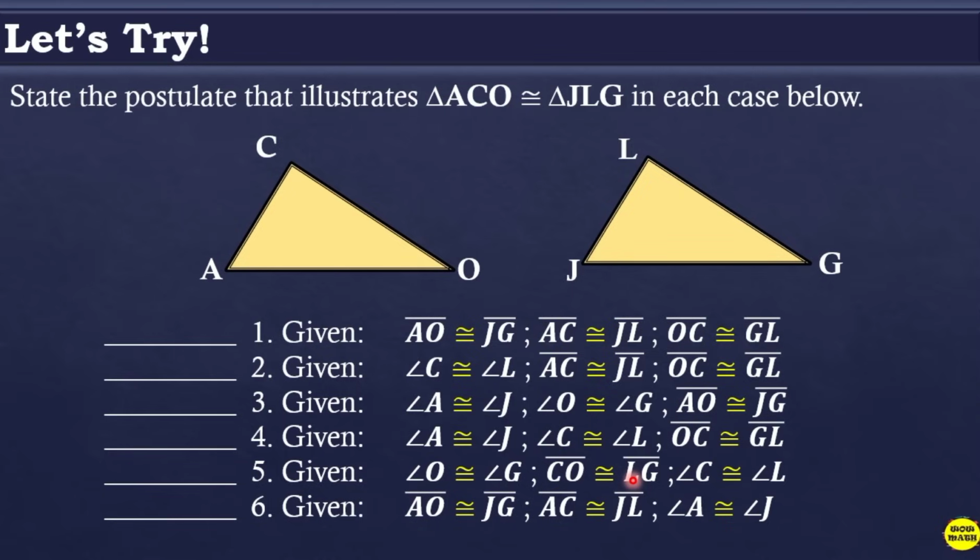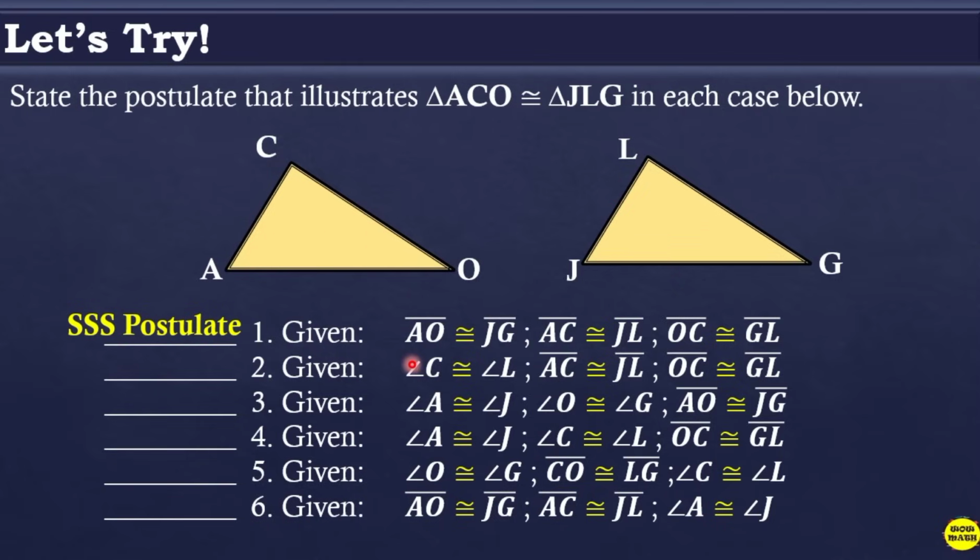So, for number 1, pwede nyo siyang lagyan ng mark para hindi po tayo malito. So, for number 1, we have AO is congruent to this, AC is congruent to JL, and then OC is congruent to GL. So as you can see, using the markings, makikita mo kagad. So we have 3 sides. Okay, so that is SSS postulate.